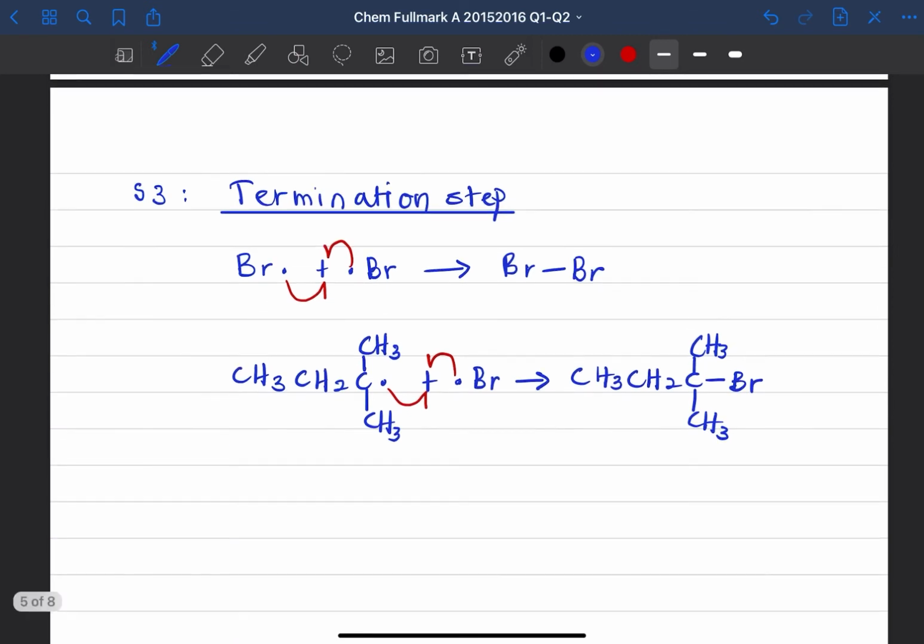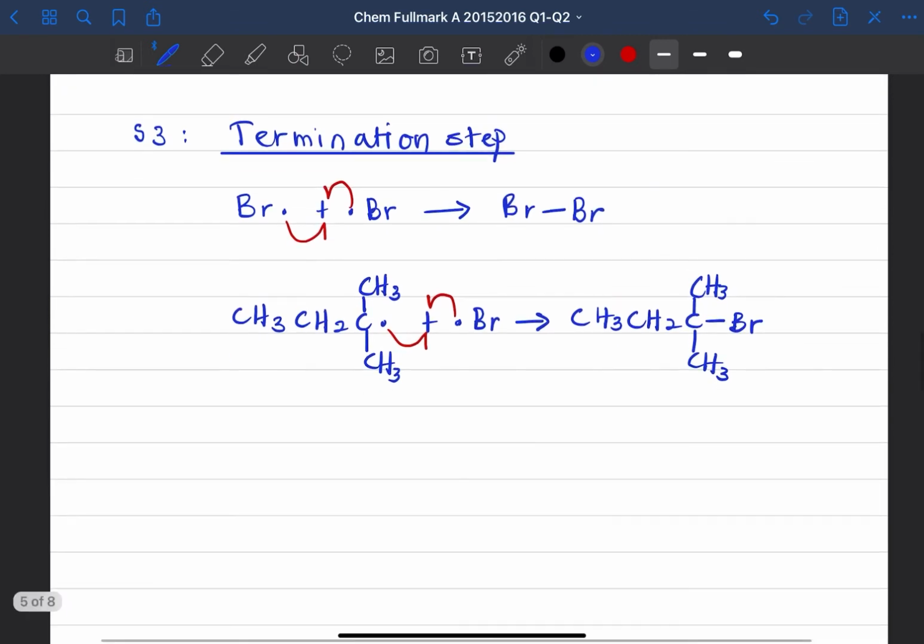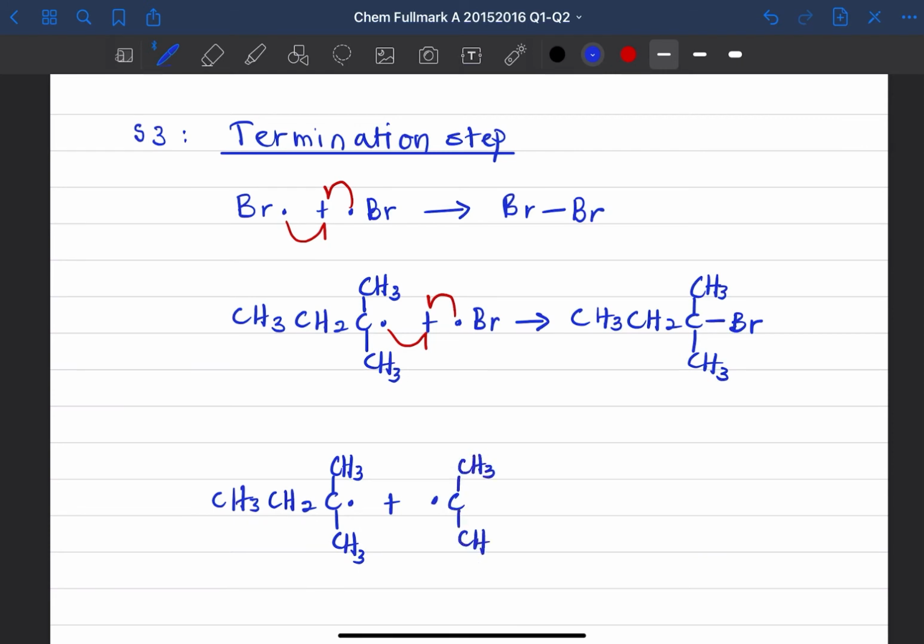Okay. And the last one, between carbon free radical, CH3, CH2C, CH3, CH3, and carbon free radical, CH3 here, CH2, CH3.